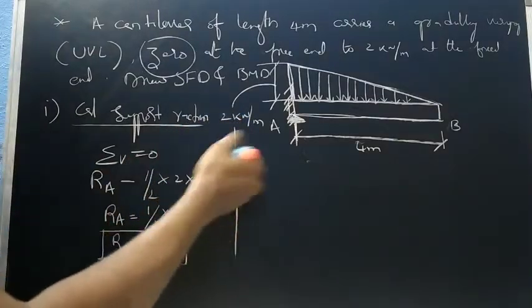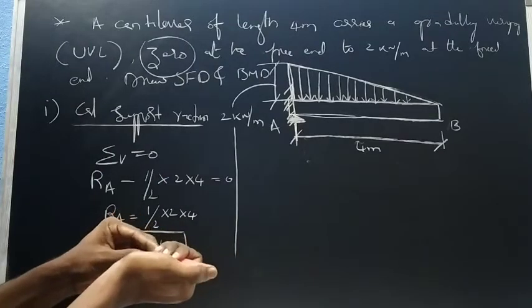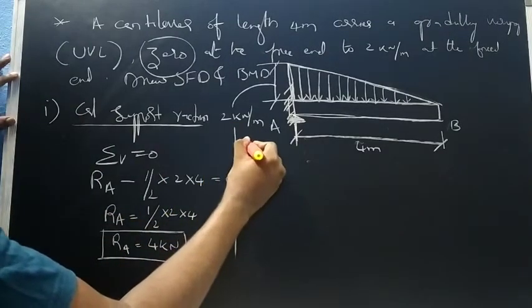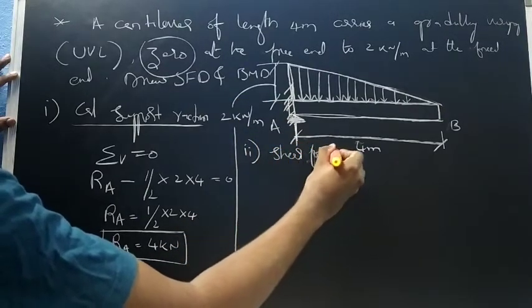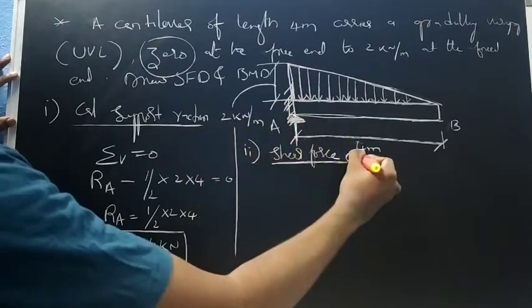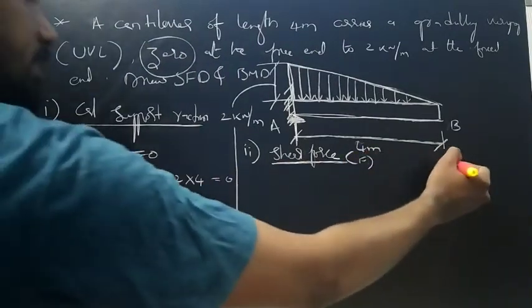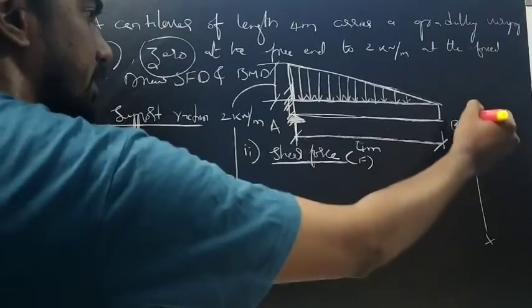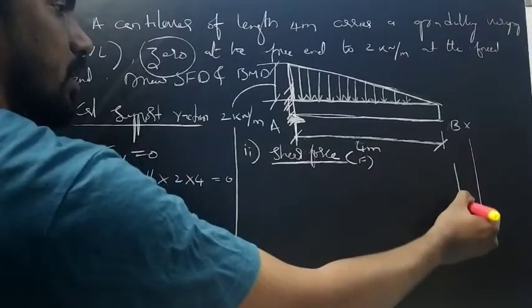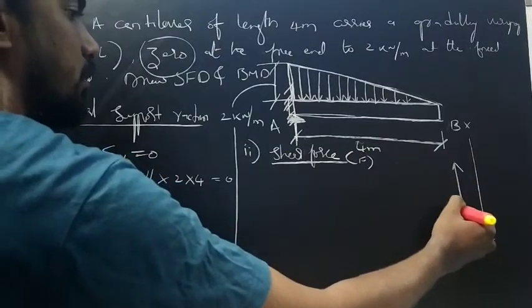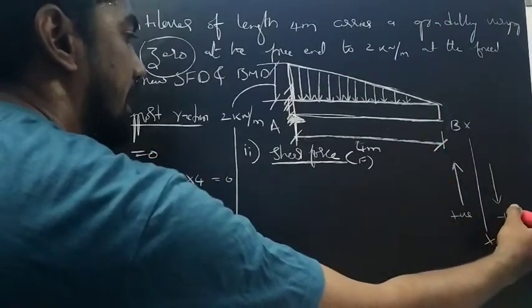So directly we jump into step number 2, that is shear force. To find out shear force, step number 2 is to find out shear force, which is represented by F, right? So shear force at A. So I will write the sign convention here. So if this is my section, if I cut any section, so if it is upward direction on your left, we take positive, downward direction on your right, we take negative.